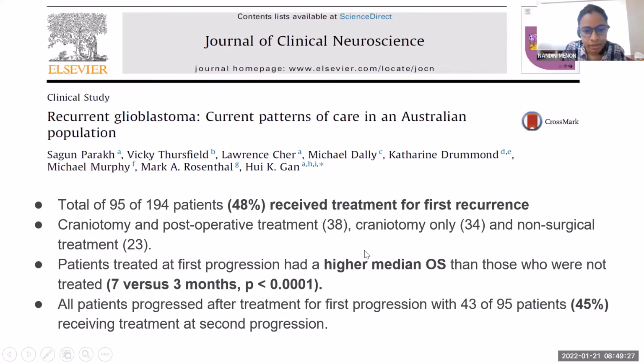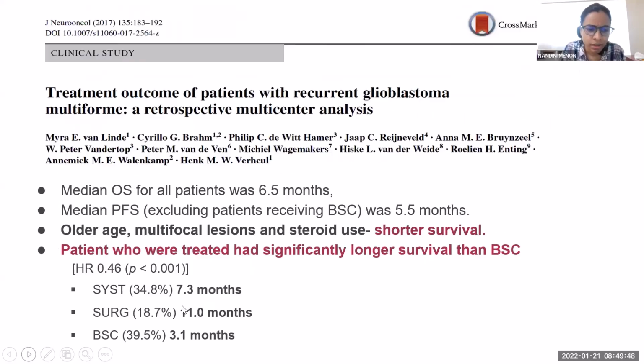And finally, patients who received initial treatment and progression ultimately went on to get second treatment. This reflects the data which is seen in our setting as well.